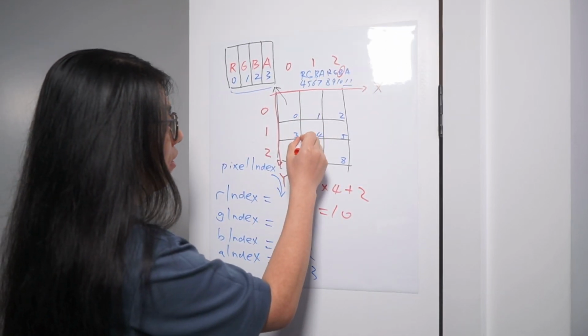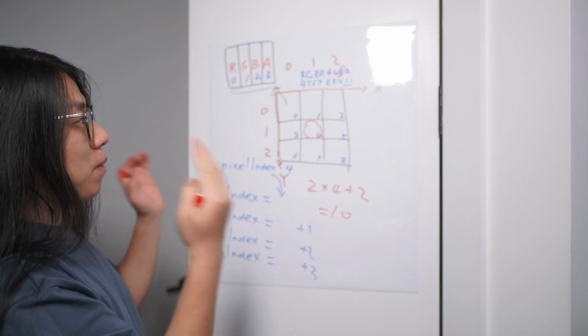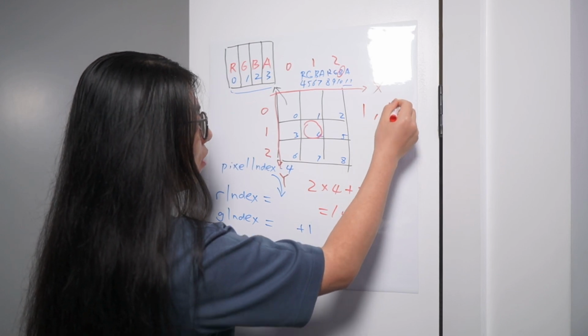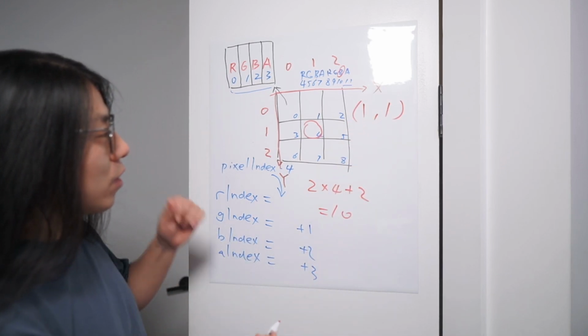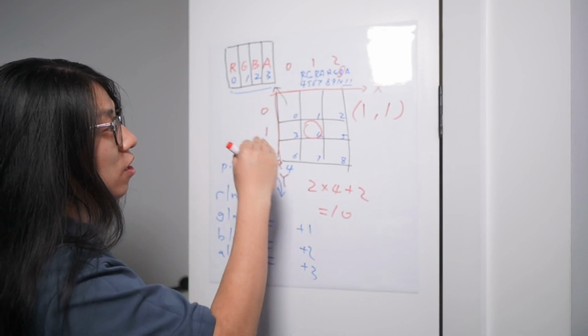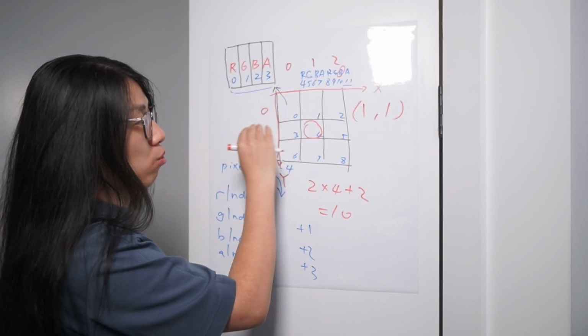So let's pick this one. How do we get that number 4 just based on x and y? The coordinate is 1, 1. In order to count this, because it starts with rows, first we need to count all the rows.